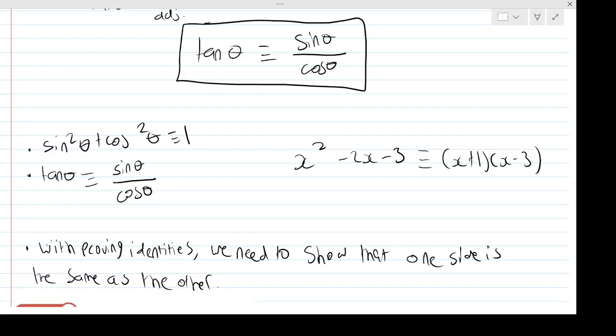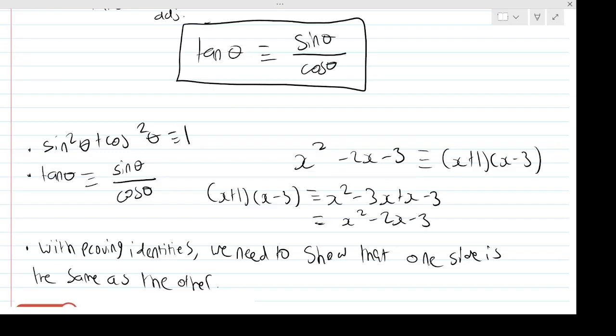So if we wanted to prove this identity, you could either factorize the left hand side or we could just expand the right. What we need to do is say that x plus 1 times x minus 3 is identical to, if we were to expand this, x squared minus 3x add x minus 3, and then we can simplify to x squared minus 2x minus 3. And there we are. So that is now the left hand side.